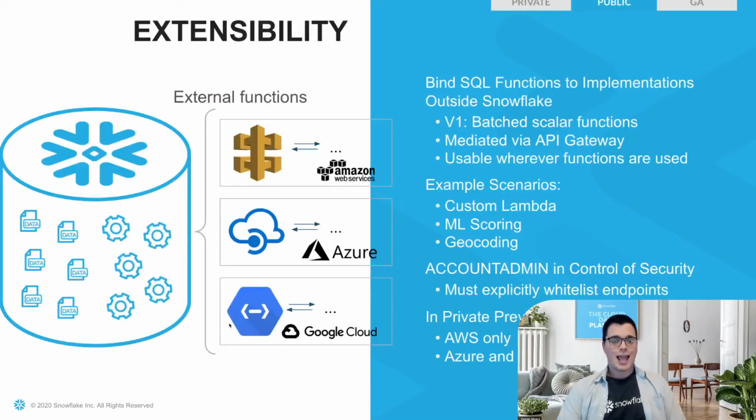Extensibility. So external functions is one of the most powerful features on Snowflake today. This allows you to directly call things like Lambda functions or GCP cloud functions directly from a SQL query, for example. And so you can have event streaming that's happening, calling an external function, for example, to translate some text, right?